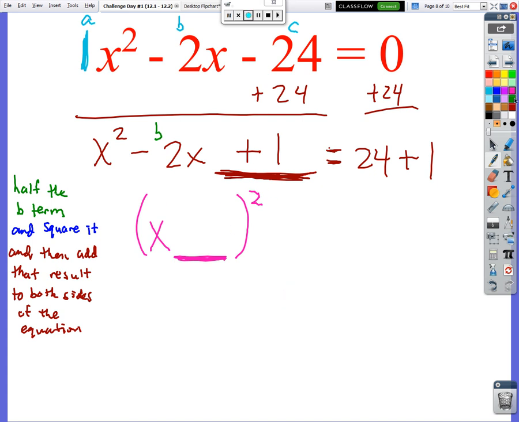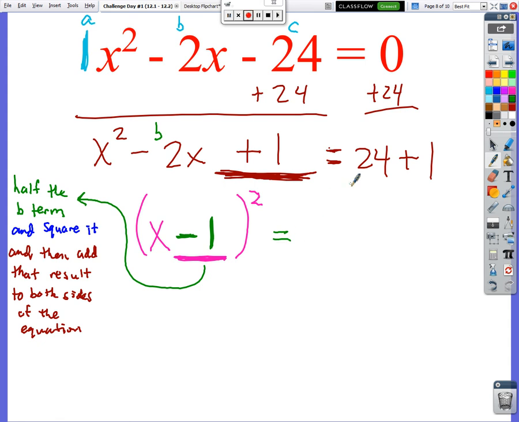To figure out that number, we get to use part of this 3-step process over here. It's really whatever the half b term was before we squared it and added it to both sides. So what was my half b term? That's -1. So I'm going to put -1 after this x. So this is the quantity, x minus 1 squared.